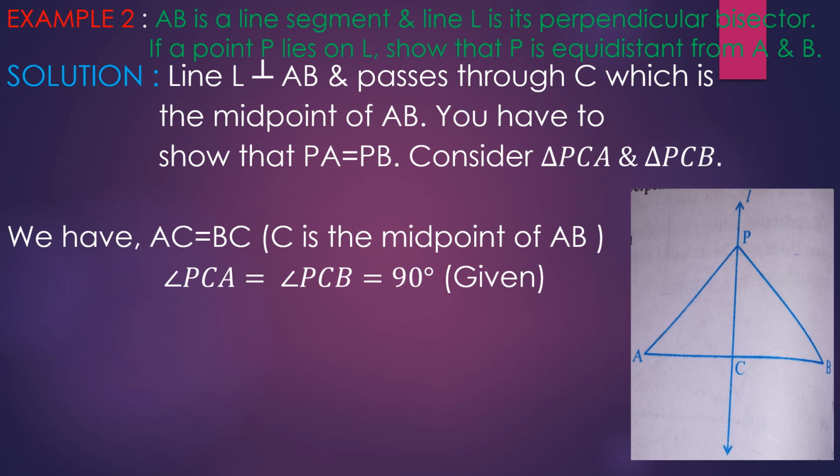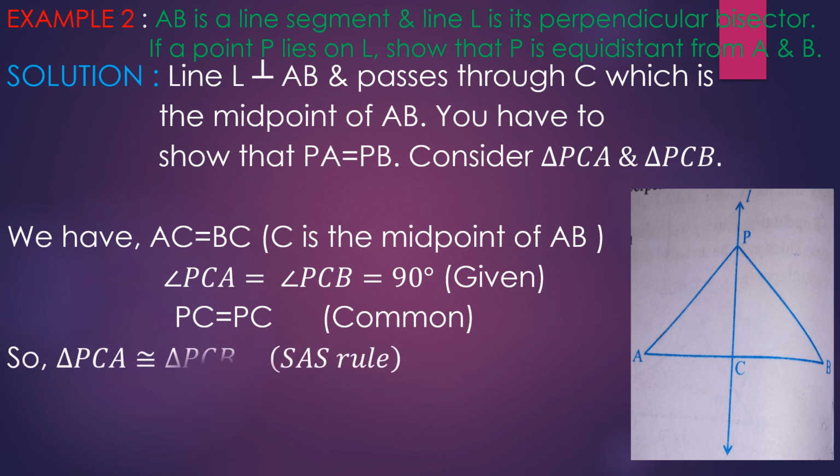So we can write angle PCA is equal to angle PCB, and PC is equal to PC because point C is on the bisector L. So PC is common to both triangle PCA and triangle PCB.